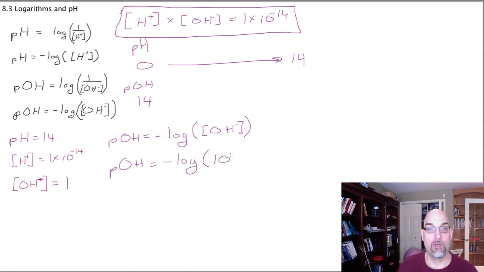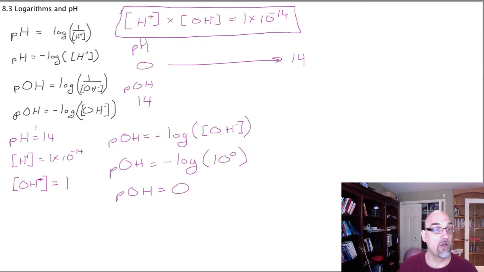And I'm going to write 1 as 10 to the 0 because it's a little bit easier to see. I know that log of 1, or log of 10 to the 0, is just 0. And negative 0 is the same thing as 0, so we'll just write it as 0.